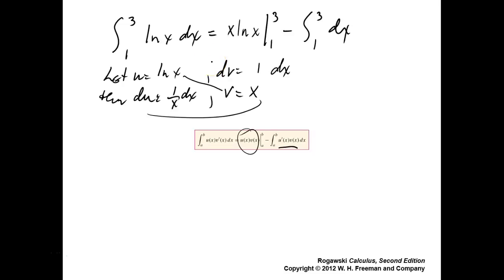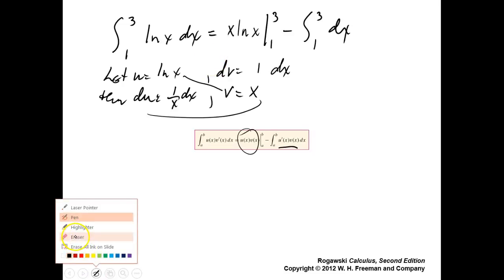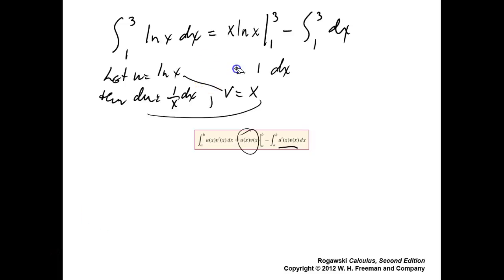Now, I'm going to scrunch this up a little bit because I took way too much room here. Okay, going to compress this a little bit. dv is equal to dx. That's what I had. Okay, so let's evaluate that from 1 to 3.